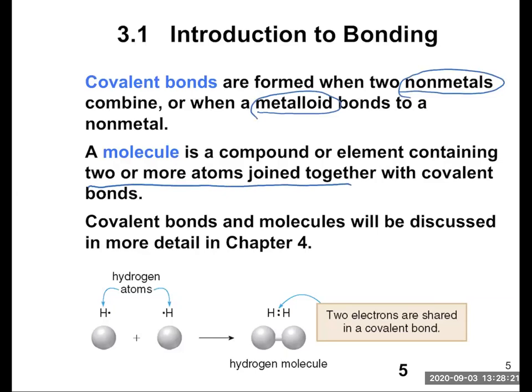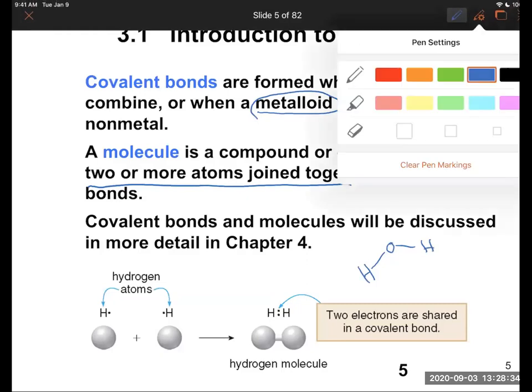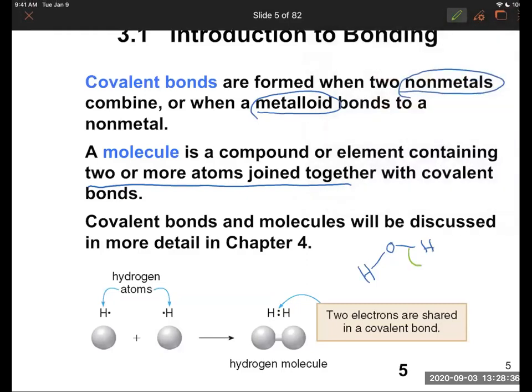For example, a molecule would be water. Why? Because hydrogen is a nonmetal and oxygen is a nonmetal. Because they are both nonmetals, this bond is a covalent bond.